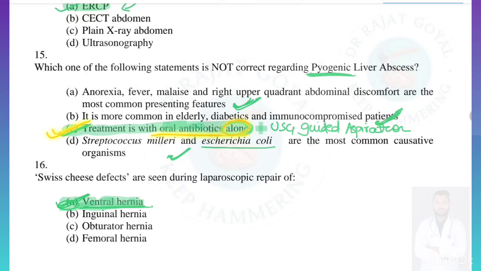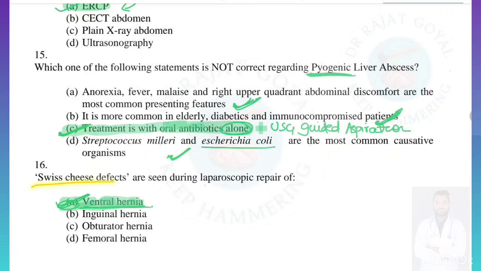We give the oral antibiotic, but we have to also do the USG guided aspiration. So answer here is C. We cannot treat the pyogenic liver abscess with oral antibiotic alone. We have to also do the USG guided aspiration in some cases. Streptococcus and E. coli are the most common causative organisms. This is also true.